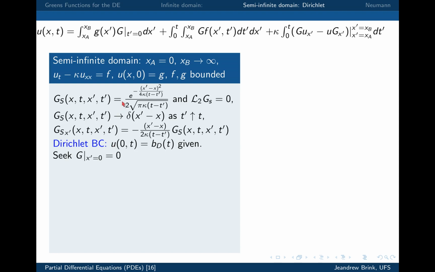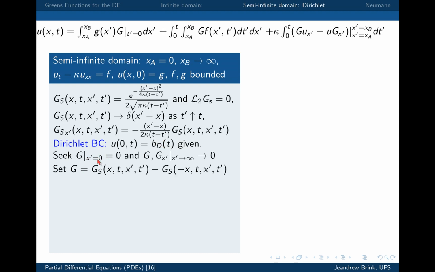Clearly, this thing is not enough, because when x prime is equal to 0, it has a definite value that depends on all sorts of things. But the cool trick is, we want these conditions at infinity, and this guy automatically solves that. So we don't have to worry about those. We have to try and get this thing to work.